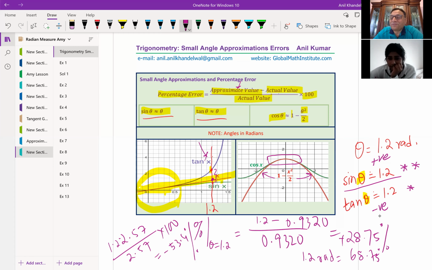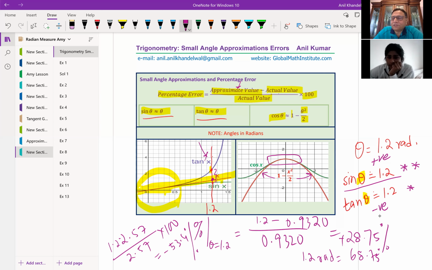So the percentage error while calculating for cosine will be very, very low. Very accurate. The estimated value is lower than the exact value. Therefore, since it is lower, just as in the case of sine, we'll get negative percentage errors. Is that okay?